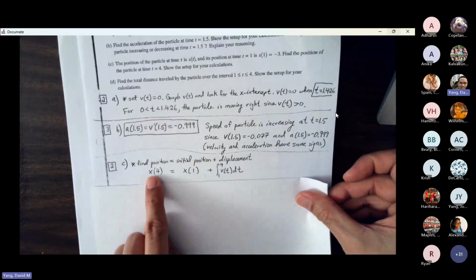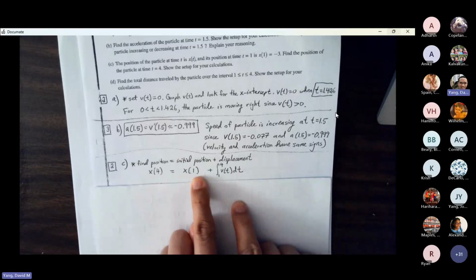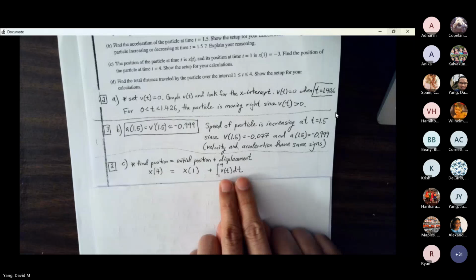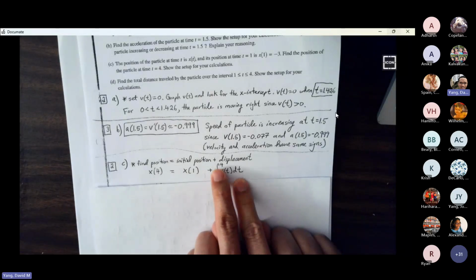I'm trying to find x of 4. I have x of 1, and I just have to figure out how much progress this particle has made in that time interval from 1 to 4. So we can do math 9 on our velocity function from 1 to 4.